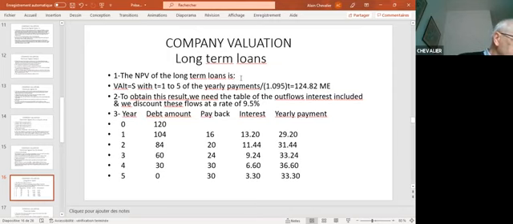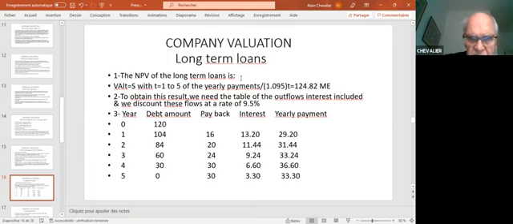If you do that for the year after, you will get 104 minus 20, which makes 84, and you calculate at 11% the interest, which is 11.44 to be paid on the basis of 104, which means in period 2, the cash paid is equal to the repayment of 20 plus the interest 11.44, which is equal to 31.44.